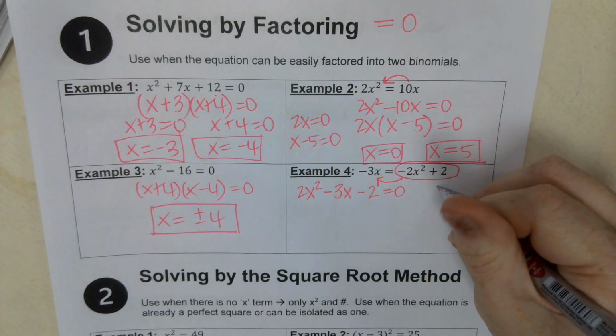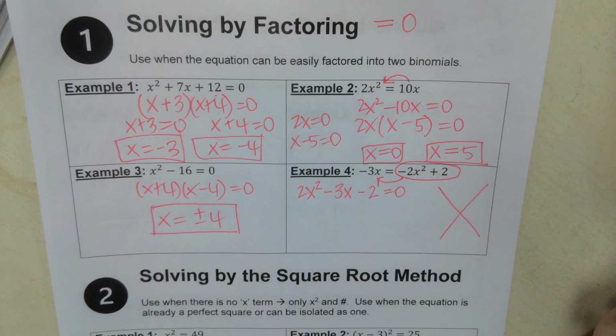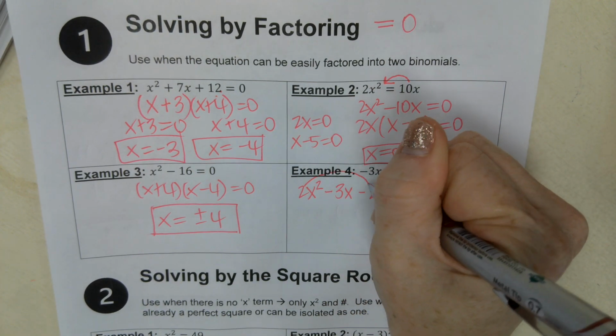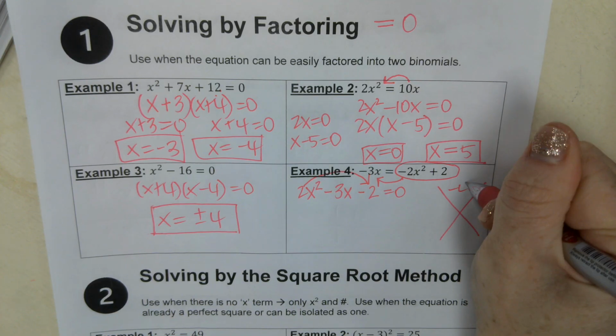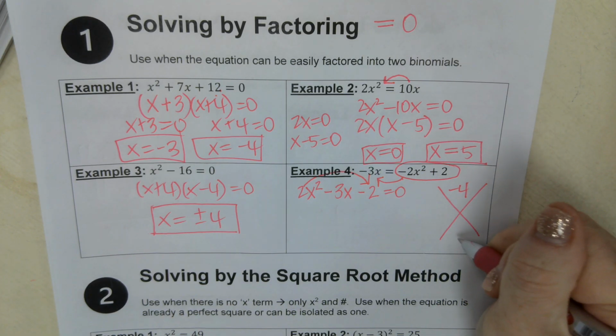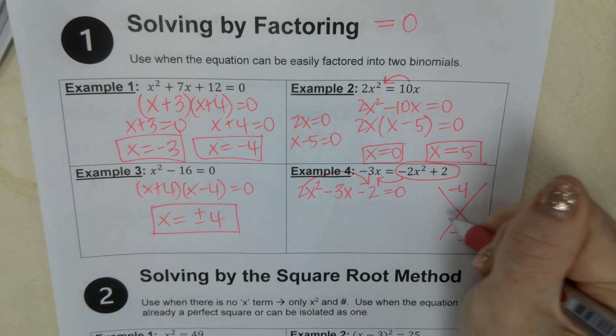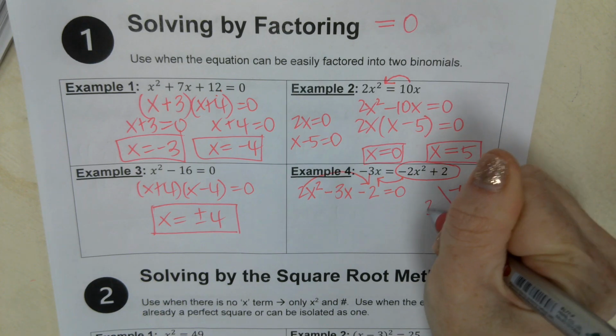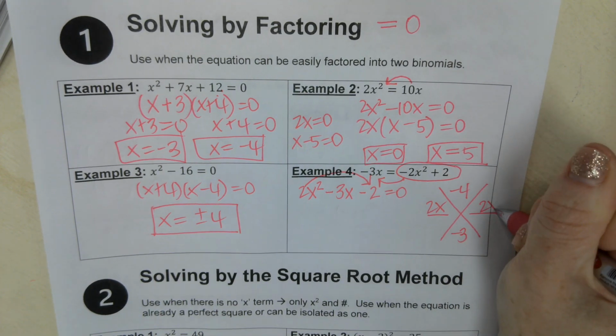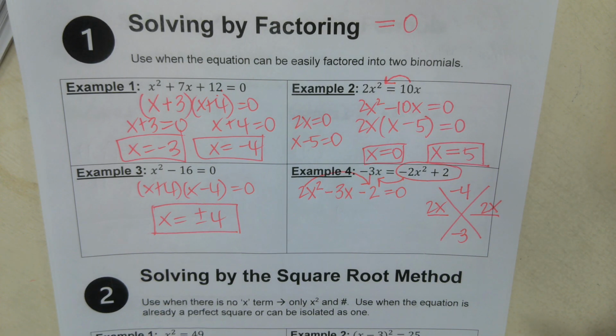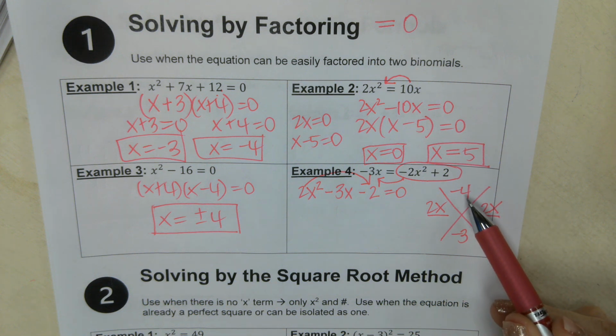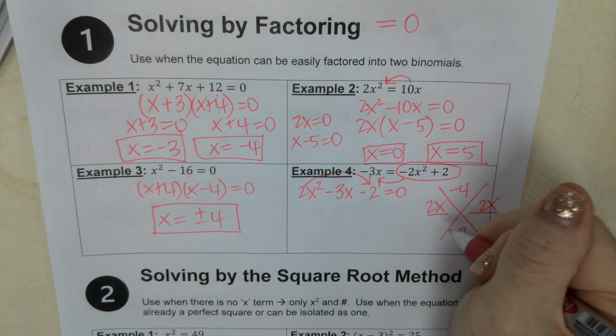Okay, so this is where we do the x method. I'm going to do 2 times negative 2, and I get negative 4. And my b value is negative 3. What two numbers do I multiply together to get negative 4 and add to get negative 3?